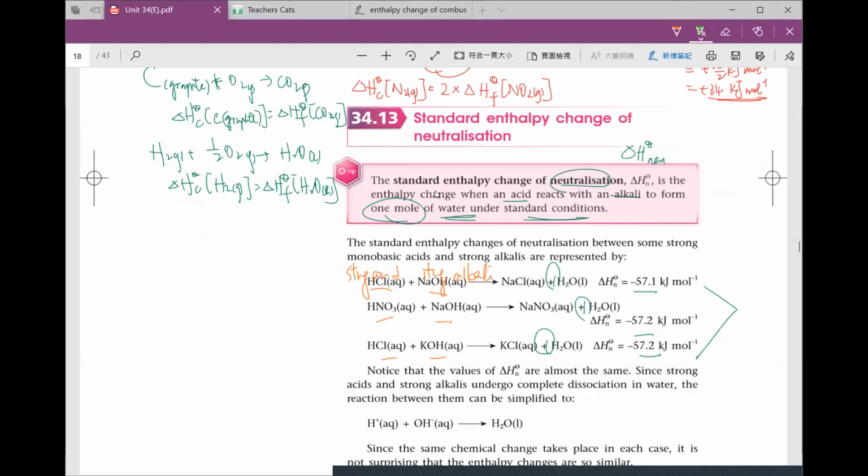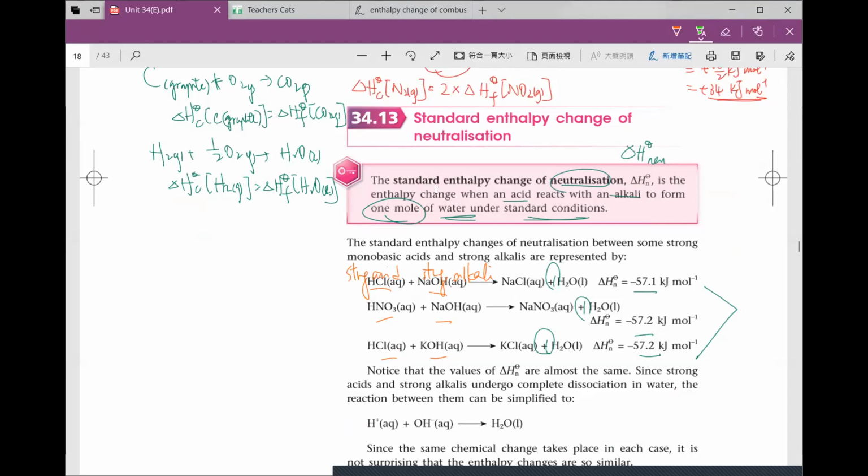So the focus is on the per 1 mole of water, the neutralization product. That's why you will see HCl, NaOH, NaCl, H2O. For 1 mole of water to be formed, it is minus 57.1 kilojoule per mole.